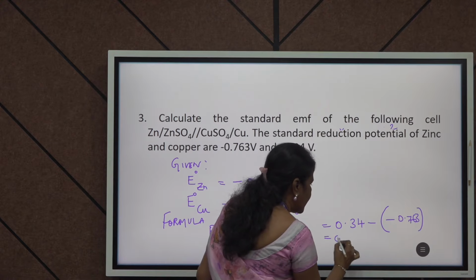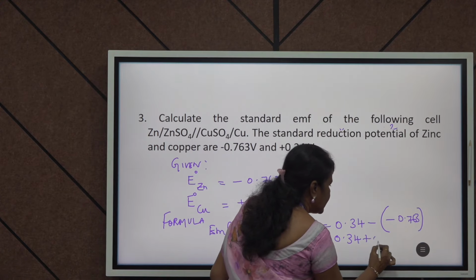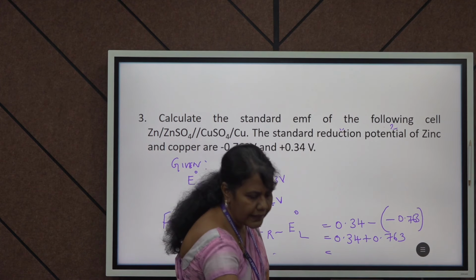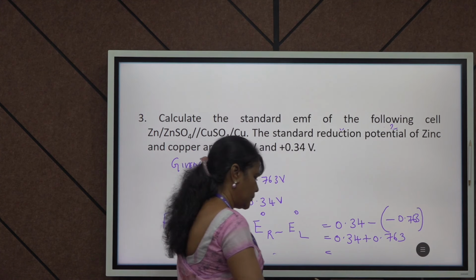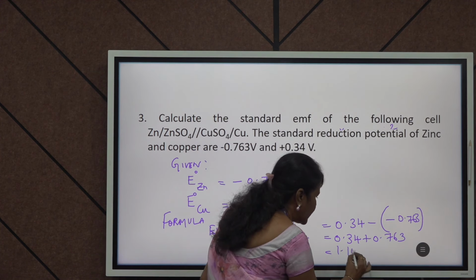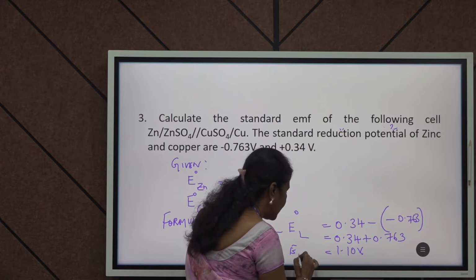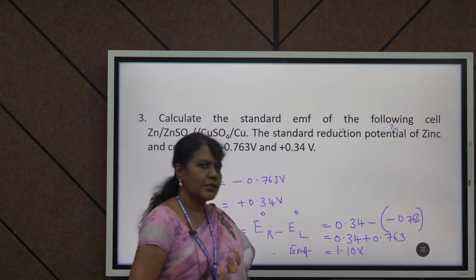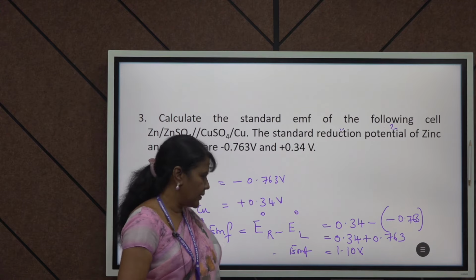This becomes 0.34 plus 0.763. On adding these two we get 1.10 volt. So this is the EMF of the cell. The EMF of the cell is very important in electrochemistry.